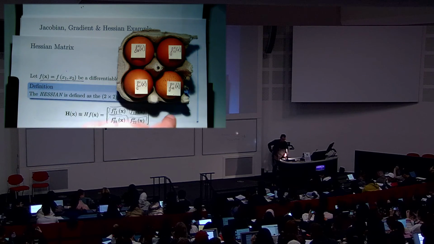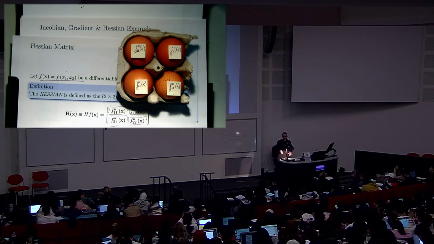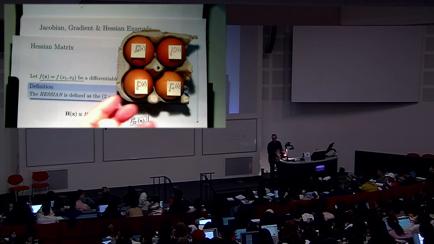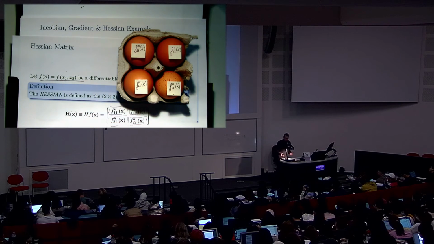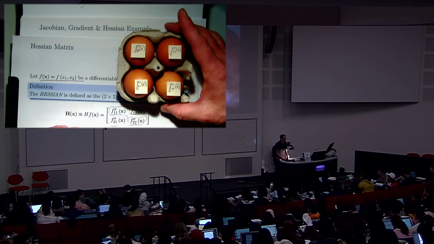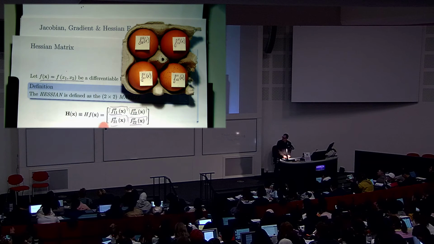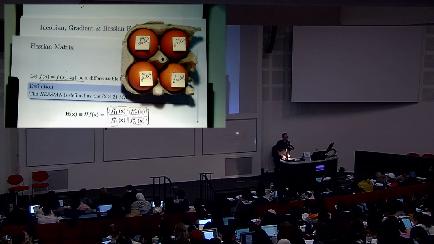F11, F12, F22, F21. Okay? Nothing else but. So next week we'll do more with a container. So to speak, we're going to smash up the eggs. Okay? But I'm not going to illustrate that. But the Hessian matrix is just a container which contains these 4 things.